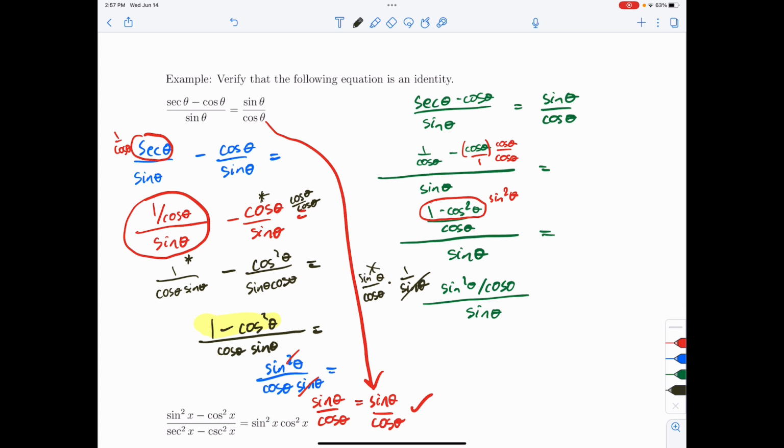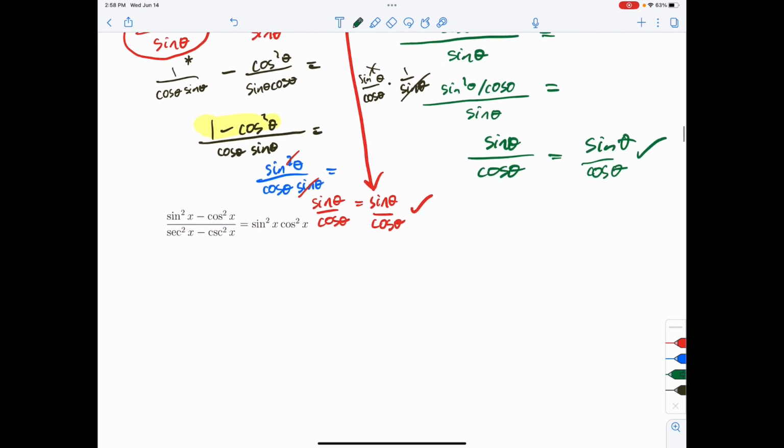So what I'm left with in the numerator is sine of theta, forgot to put an equal sign here, divided by cosine of theta, and that is equal to the right-hand side, sine theta over cosine theta. So I don't know which side is quicker or which one makes more sense to you. It honestly doesn't matter. And there's probably other ways we could have done this one. Here are 2 of the possibilities. Okay, moving on.